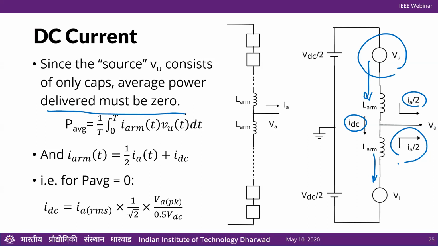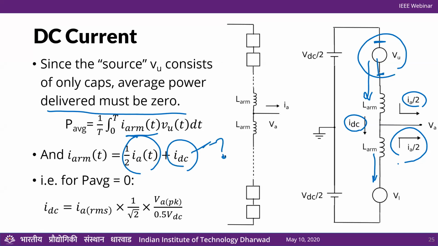Now, average power delivered by VU is nothing but the integral over one fundamental cycle, 0 to T, of the instantaneous arm current as a function of time times the output voltage of that arm. And we know that this arm current consists of half of the phase component plus some IDC, and we don't know what this is yet.